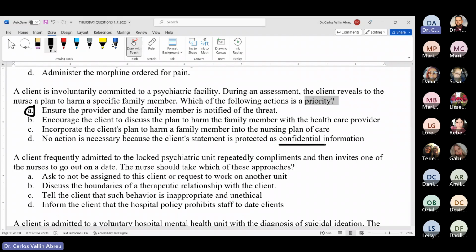In this situation, when there is a plan of harming a person, you have an obligation to report that. If you suspect abuse of children or elders, and they give you this information as confidential, you need to report that. You cannot promise the client that this information is going to be kept confidential because it is of mandatory report. What else? Okay.